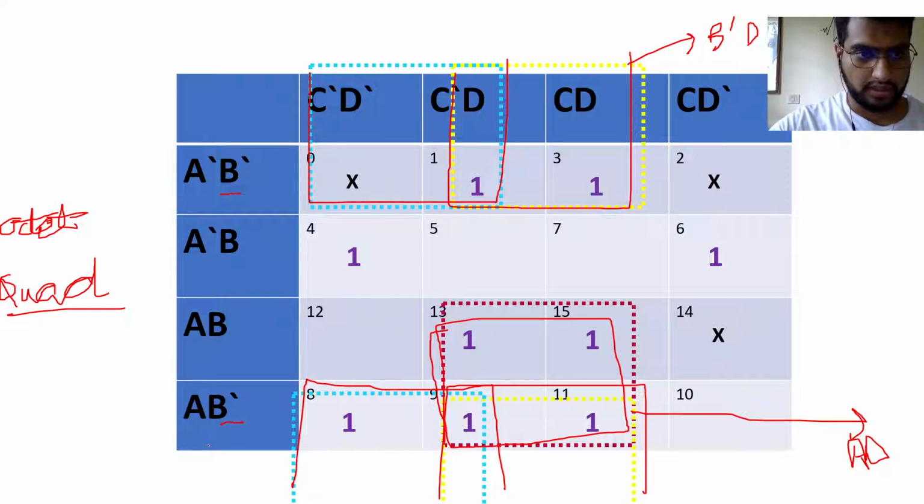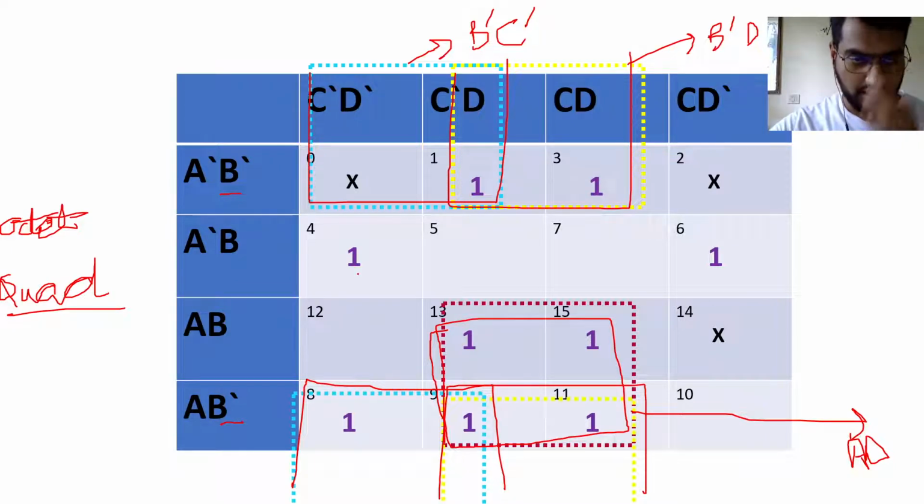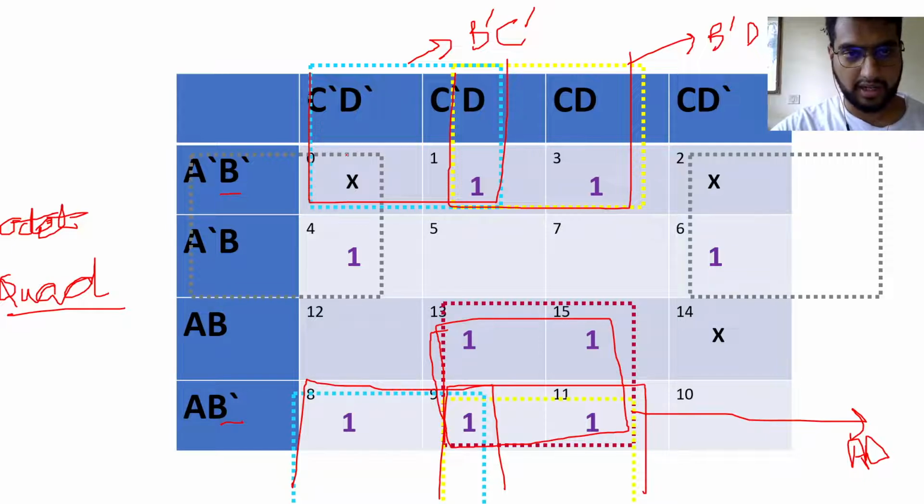From this the contribution will be B dash C dash, and now we have this remaining minterm. Let me first check if it can be covered by a chord. Using don't cares we can cover it by a chord marked by this gray dashed square.